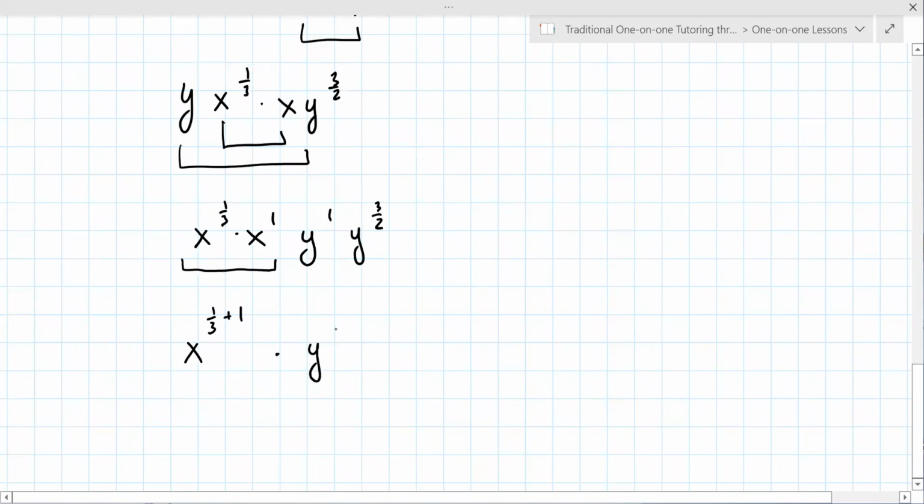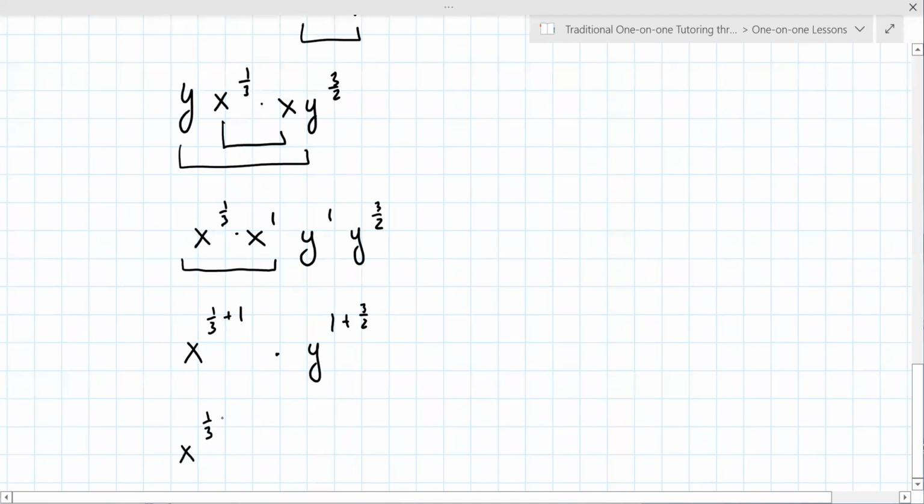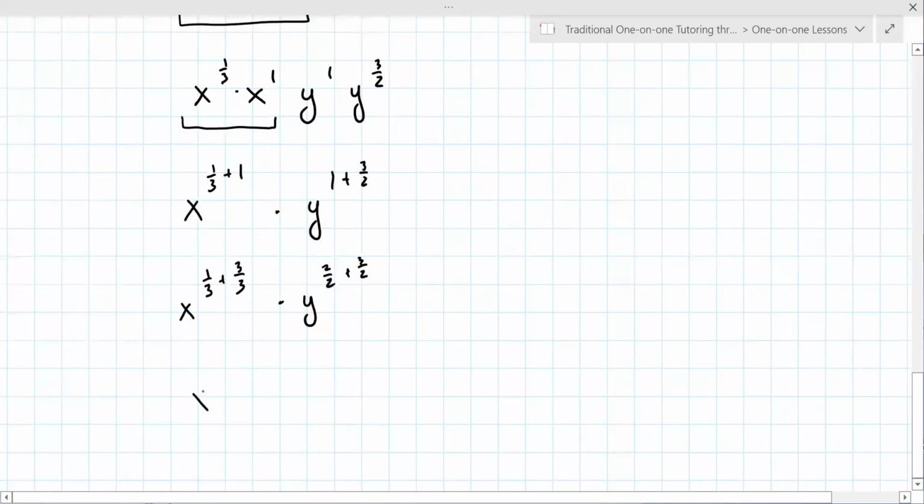And similarly with y, you're going to add 1 plus 3/2. Hopefully you're getting faster at adding fractions. They're not going to be big numbers, but you're going to have to deal with fractions. So it's 1/3 plus 3/3 times y to the 2/2 plus 3/2. So that's 4/3 and then 5/2.